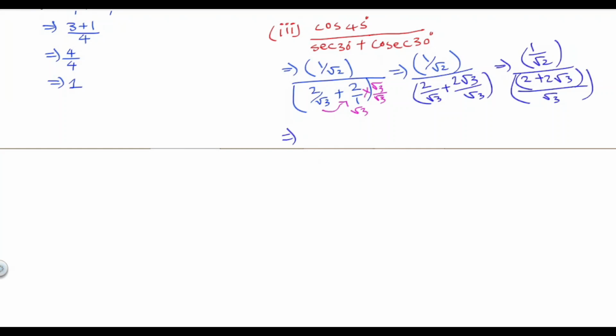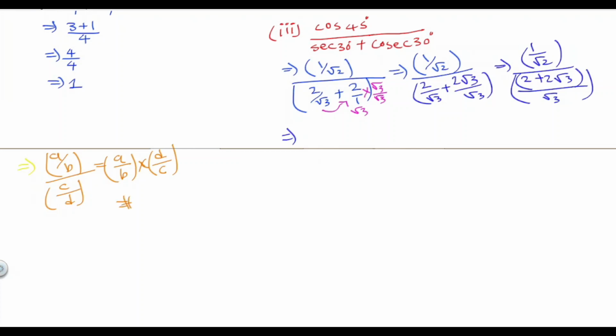Just remember, if you are given a by b divided by c by d, then you can write it as a by b multiplied by the reciprocal of the denominator, which is d by c. Okay, we can write it as follows.